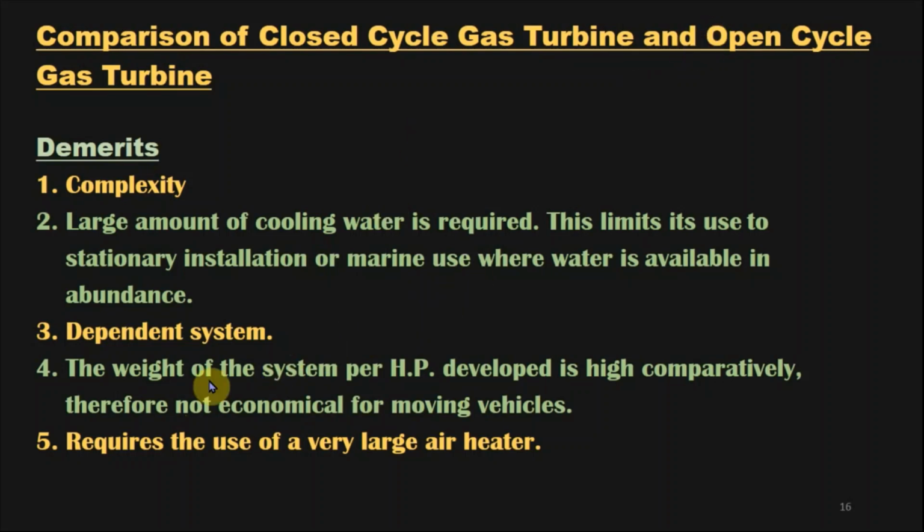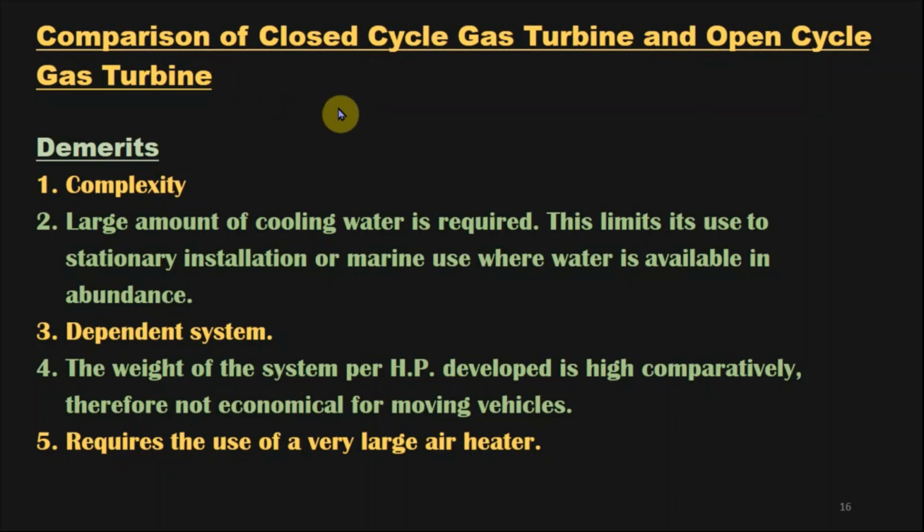But remember, the weight of the closed cycle gas turbine system per unit power developed will be high compared to open cycle gas turbine. I repeat, the size of the system per unit power developed is less in the case of closed cycle gas turbine compared to open cycle gas turbine.